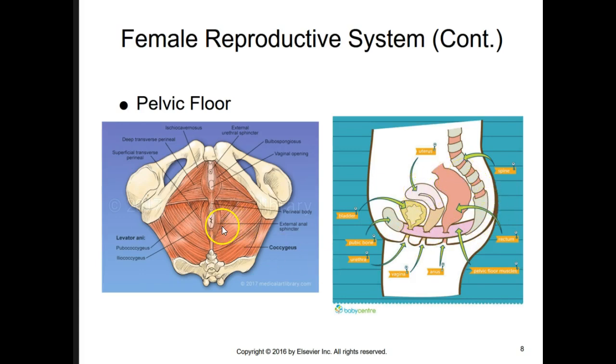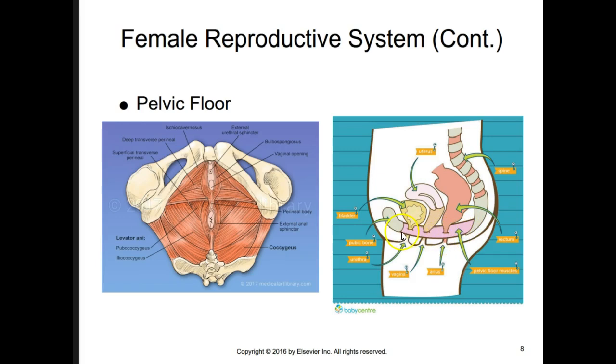So you guys, it's so important for people to do their Kegel exercises and to strengthen this pelvic floor, because as pregnancy continues, this uterus will begin to contain heavier and heavier volume. The amount of weight inside of the uterus will continue to grow, and that's going to put pressure on this pelvic floor.